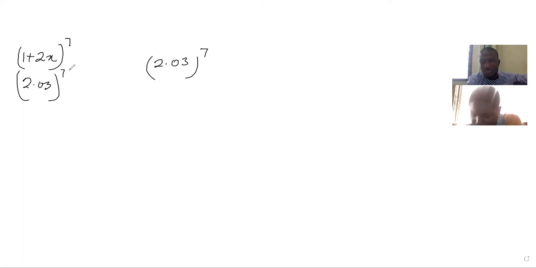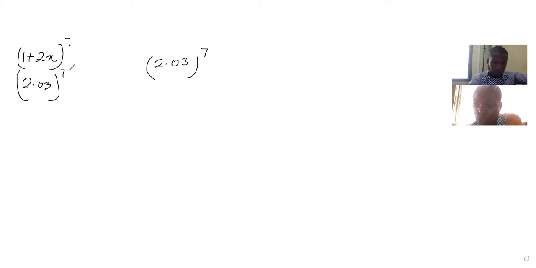Okay, so my x is 0.515. Your x alone? Yes. No, initially my x was 1.03, but in the binomial expansion, we have the second term to be 2x. So comparing that with 1 plus 1.03, 2x is equal to 1.03.